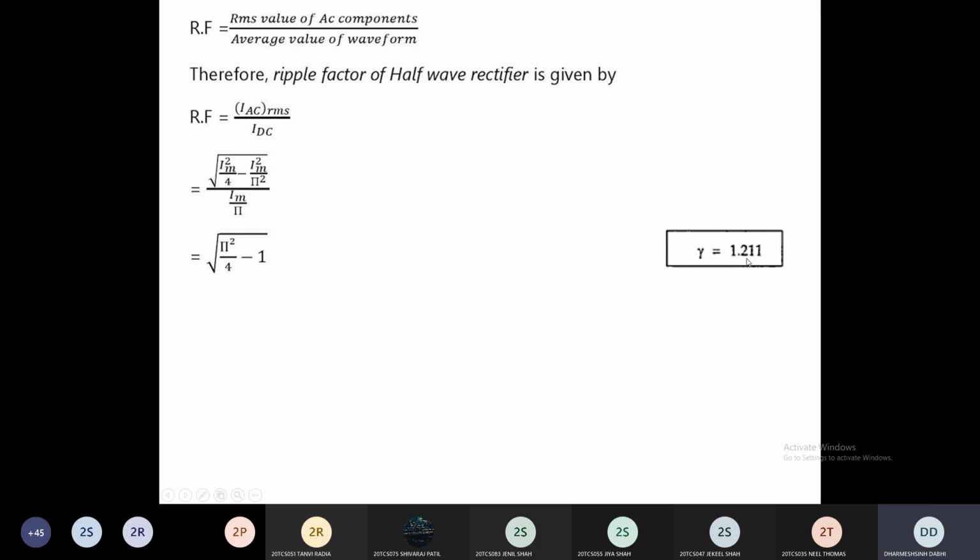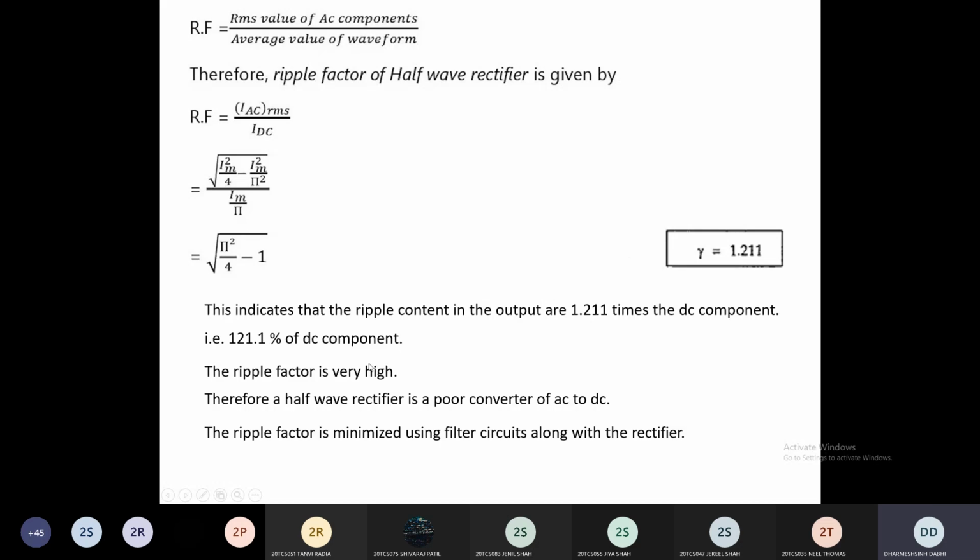It means your output contains 121% ripple as compared to your DC component. Clear? And this ripple factor is very high for half wave rectifier. So this is a second disadvantage you can write for half wave rectifier. As your ripple factor is high, your rectifier performance becomes poor. Clear? So that should be as low as possible.